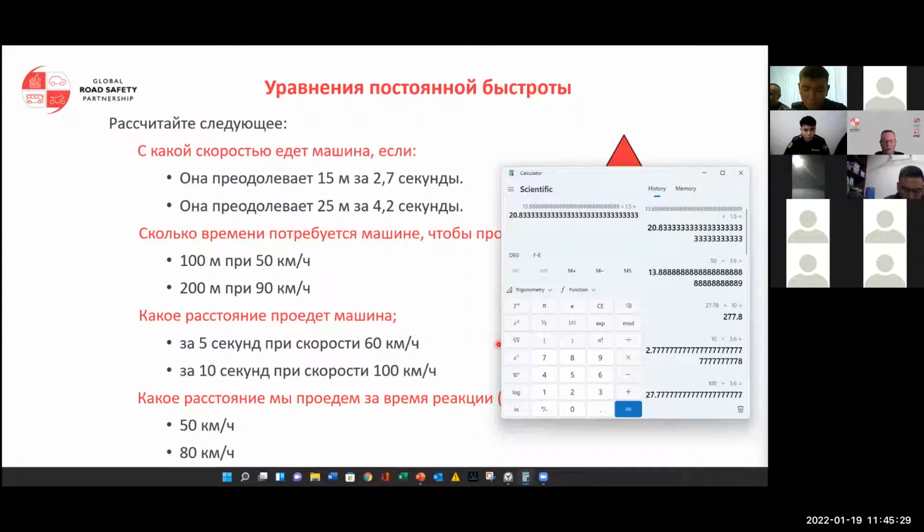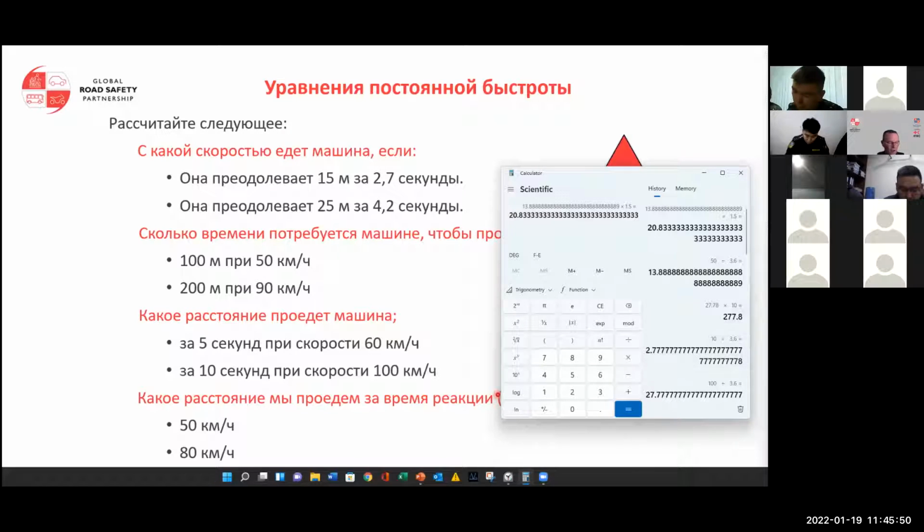So at 50 kilometers per hour, you will travel just over 20 meters during your perception reaction time. And remember, during that 20 meters, you aren't slowing down, you aren't swerving, you're just thinking about what you're going to do to respond to the hazard.